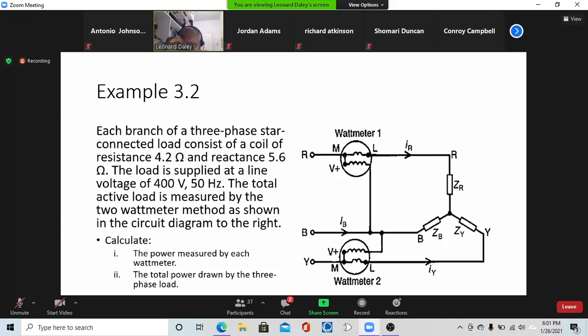No. Okay, so we still use the whole load. Right. I guess the wattmeter is smart enough to distinguish between real and reactive. All right.